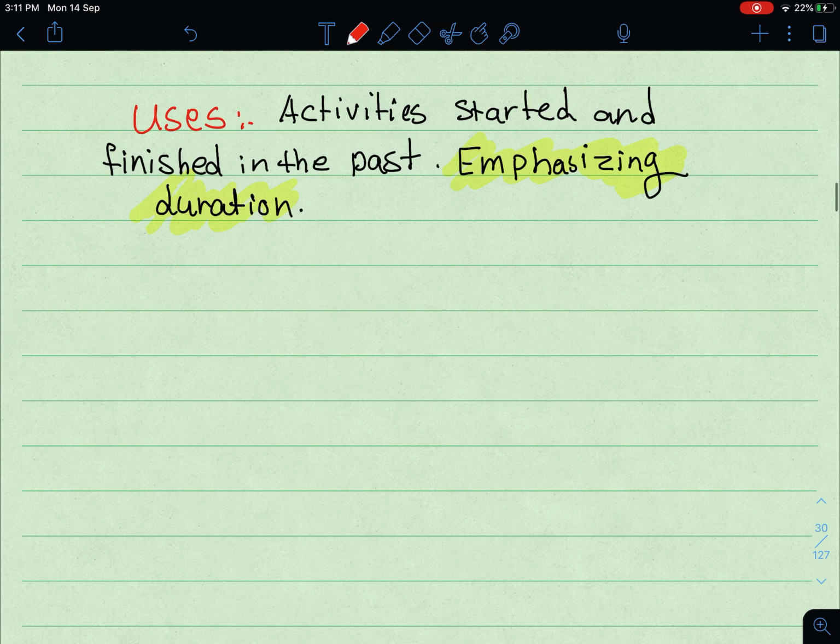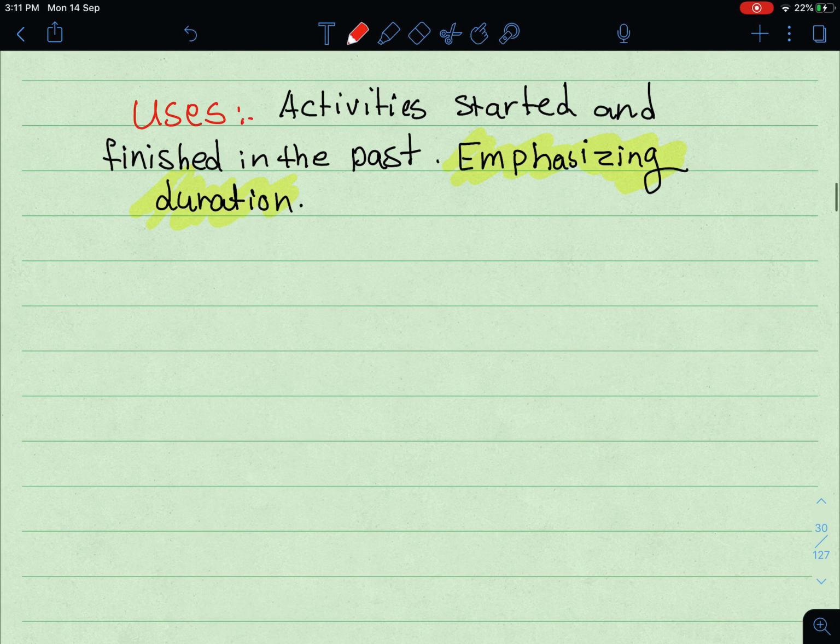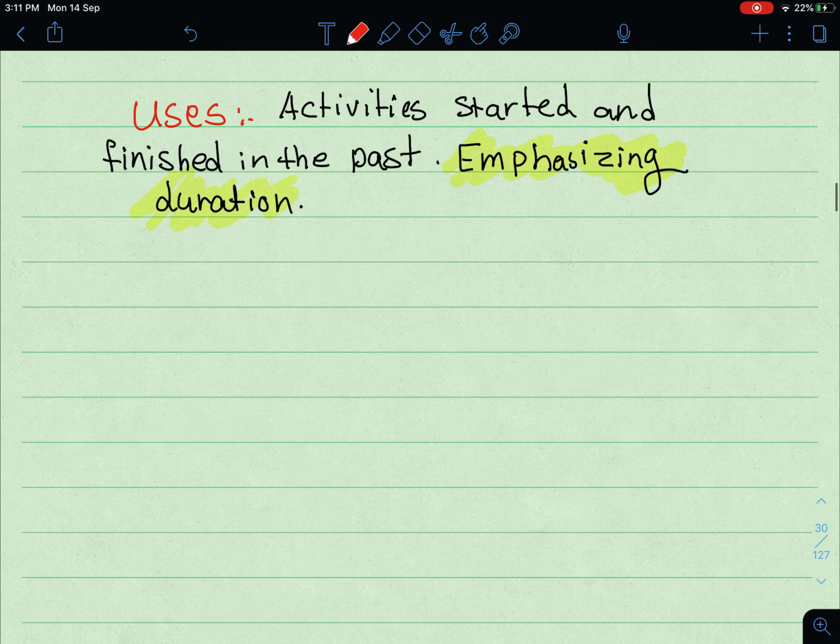Now, as for the uses for the past progressive, الاستخدامات للماضي المستمر, we use it actually with activities that started and finished in the past. Okay, بس شو الفرق بينها وبالماضي؟ إنه هو حدث حصل في الماضي وانتهى. الفرق بينهم إن هنا emphasize on the duration المدة.